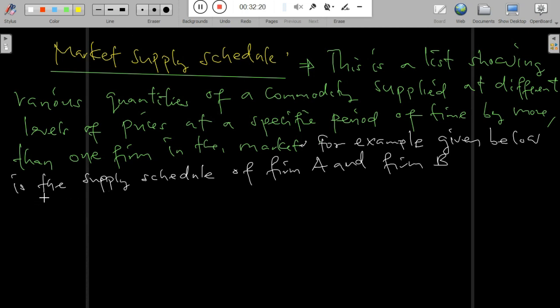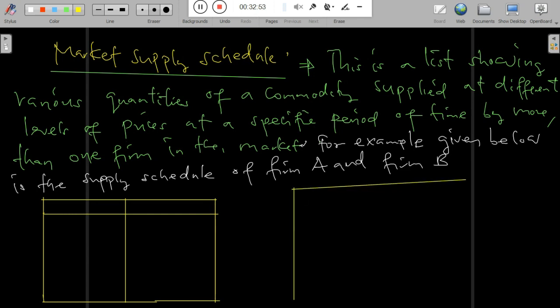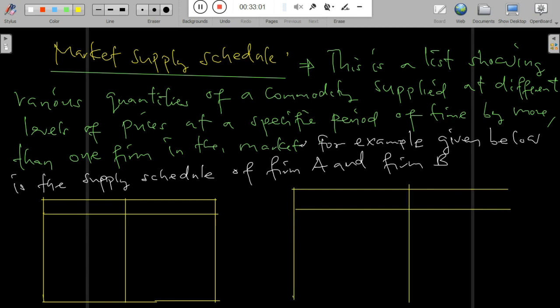What is actually different between the market supply schedule and the individual supply schedule is that under the market supply schedule we see a list showing various quantities of a commodity supplied at different levels of price, but by more than one firm, meaning many firms. But we focus on a single firm when we talk about an individual supply schedule. Now let's consider this supply schedule over here.